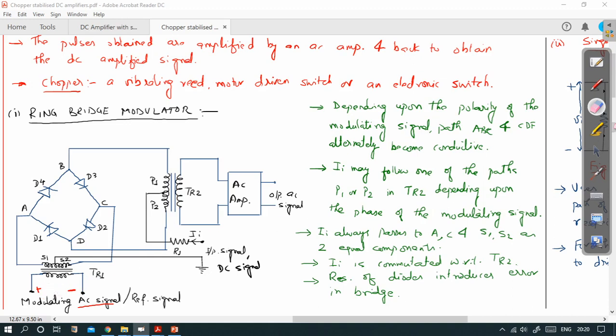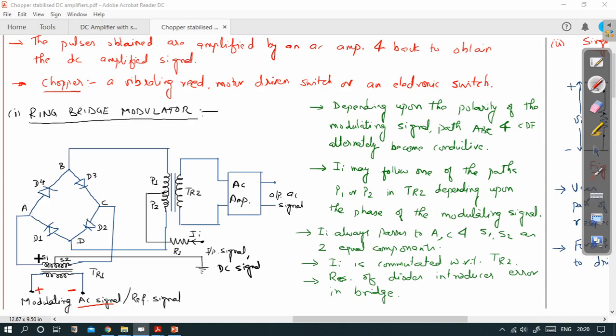Let's assume that the modulating signal is giving us this polarity for some duration of time. Let me start with this one, positive. If this is positive, this is negative for half the time period of this AC signal.